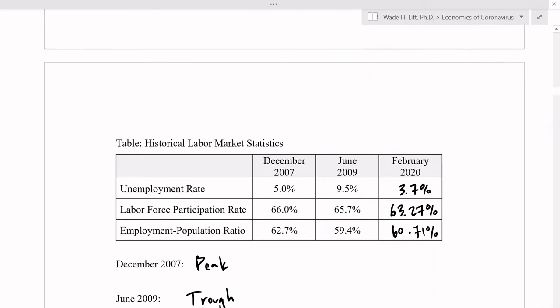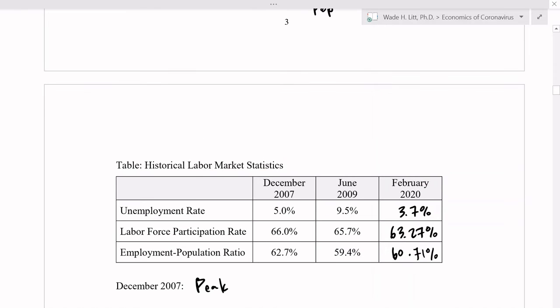Okay, so the unemployment rate before the recession started was 5%, went up to 9.5%, and then December of that year, it went up to 10%. Although the recession was technically over, unemployment got as high as 10% in December of 2009.